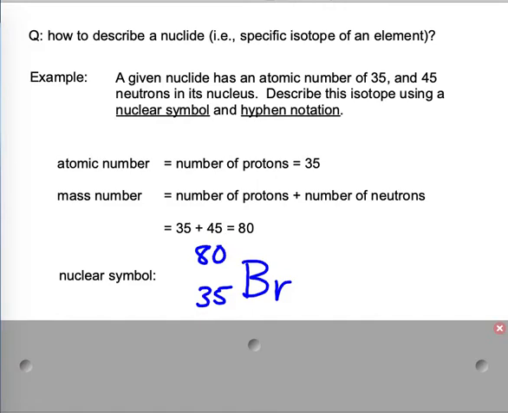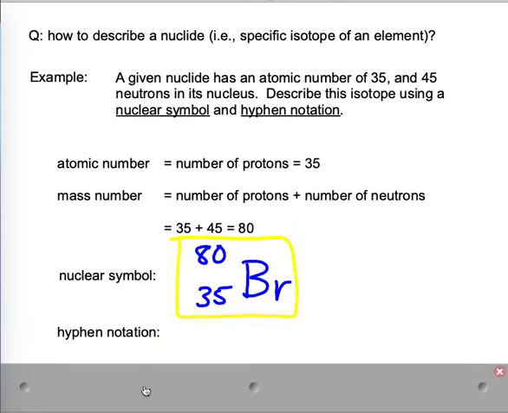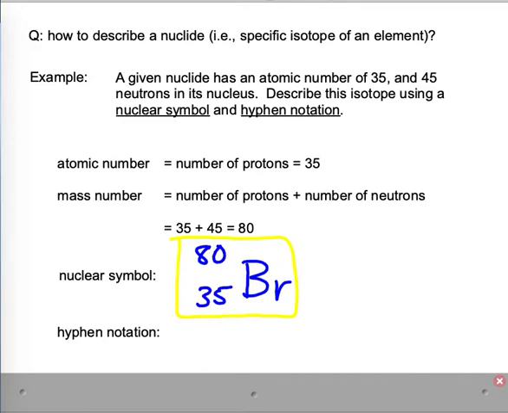So that would be the nuclear symbol for this particular isotope. The hyphen notation is simply the name of the element followed by a hyphen followed by the mass number. So I would call this isotope bromine-80.